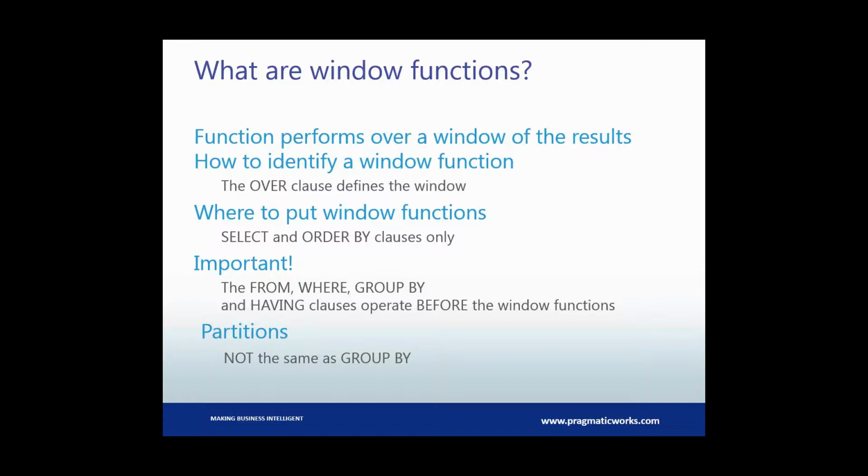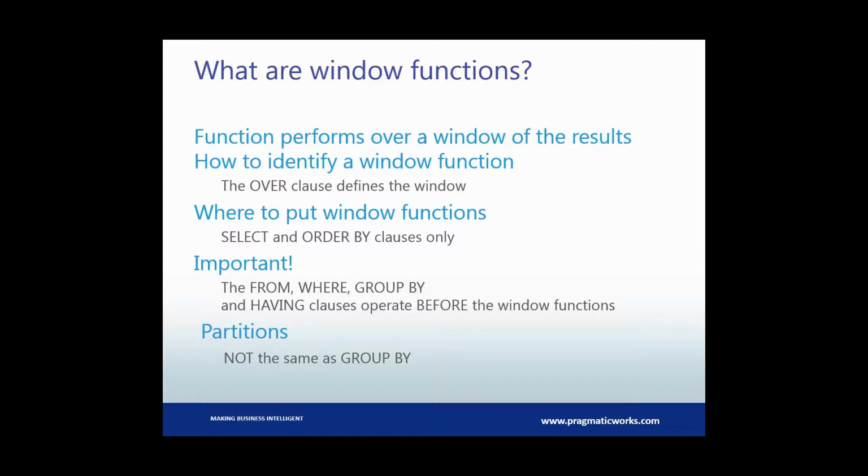They can only go in the select or the order by clauses. The reason is that these operate on data that's almost ready to be returned to the client. The from, where, group by, and having clauses have already done their work before the window functions get a chance to do their thing.